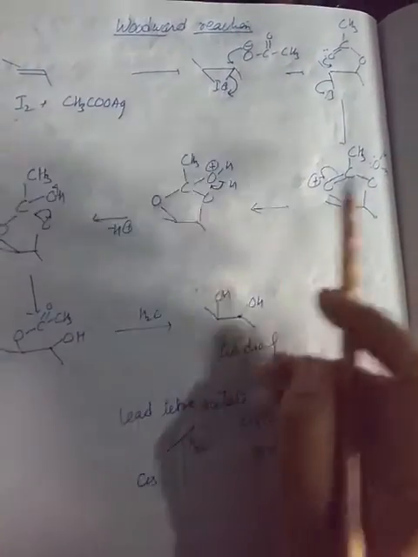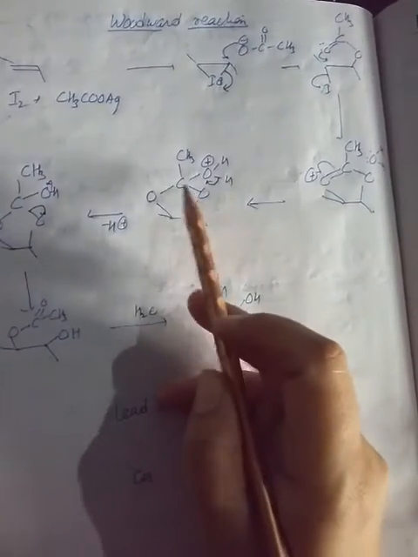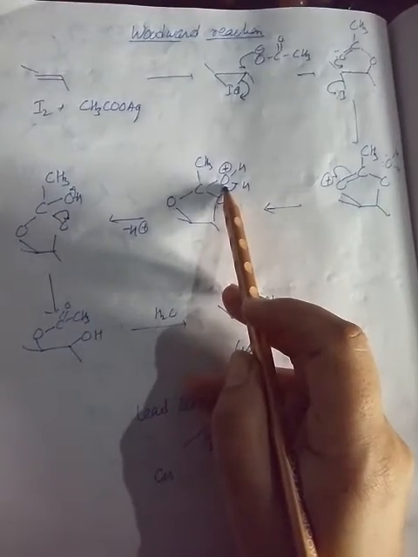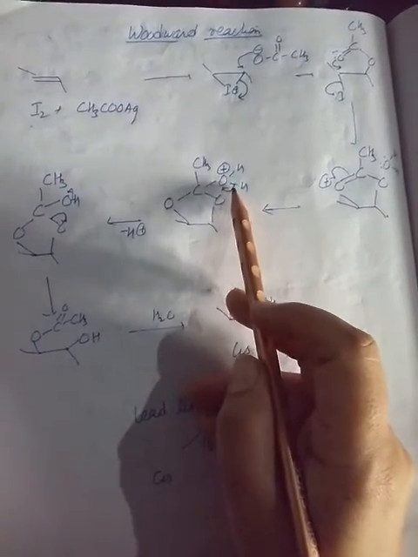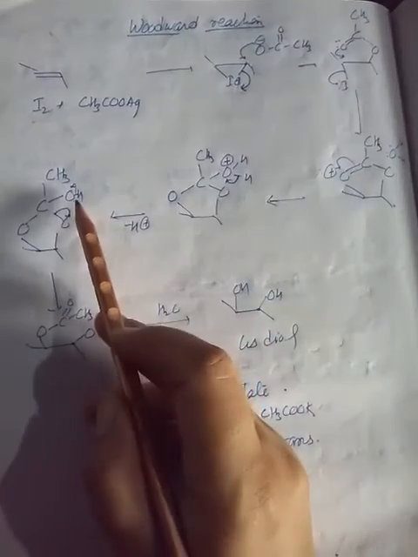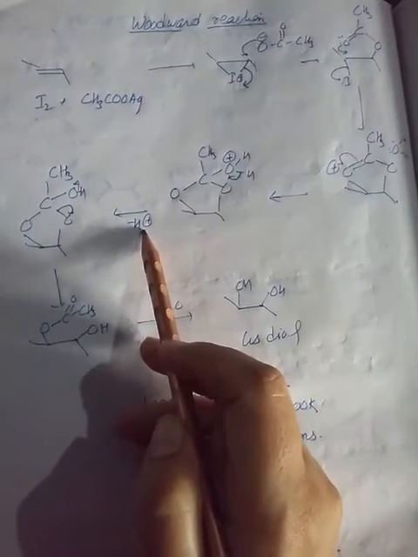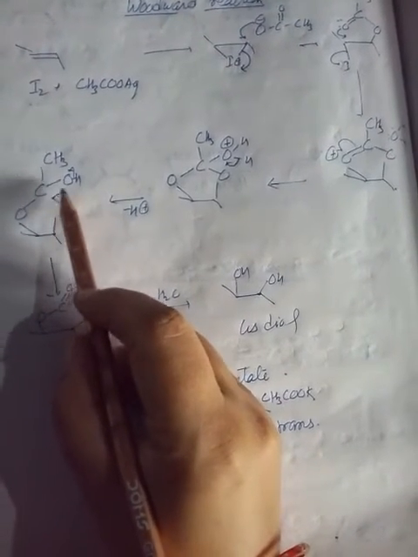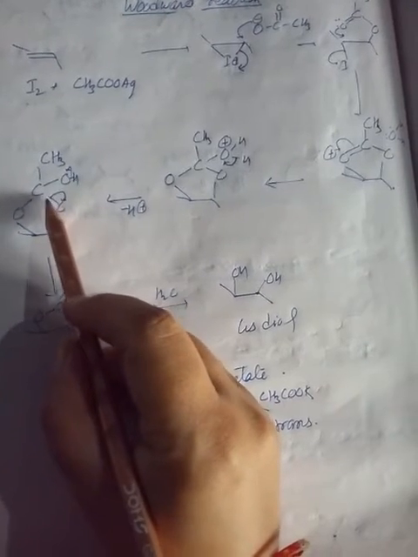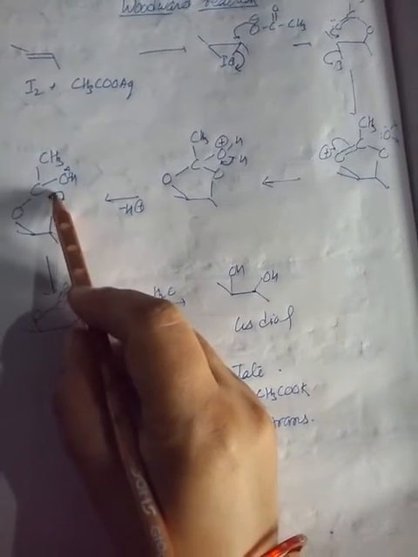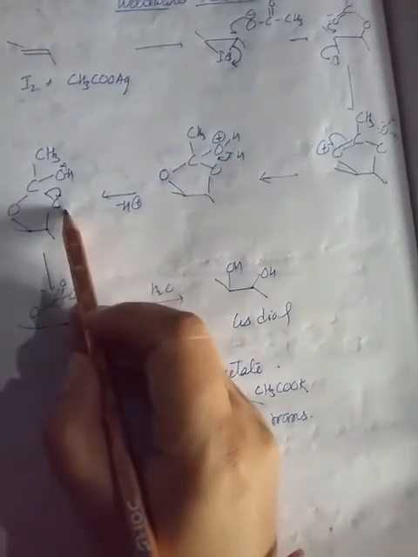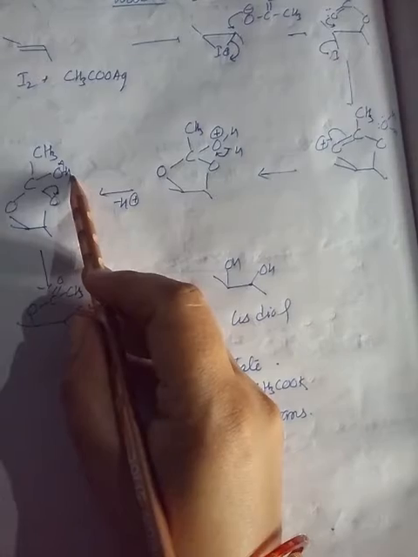Again, this is a 5-membered ring structure and this water attacks at this carbon atom and gives this oxonium ion. Finally H positive is removed from here, and then there is a cleavage of this carbon-oxygen bond. How does the carbon-oxygen bond cleave? Oxygen is more electronegative, it pulls the bonded pair towards itself, it becomes negatively charged and H positive comes from here.